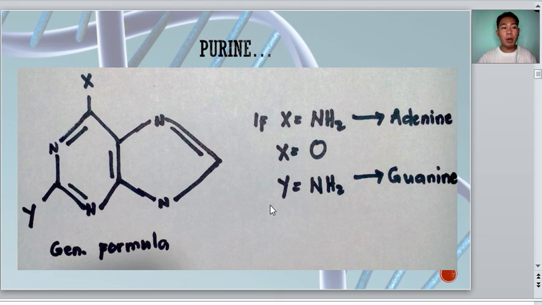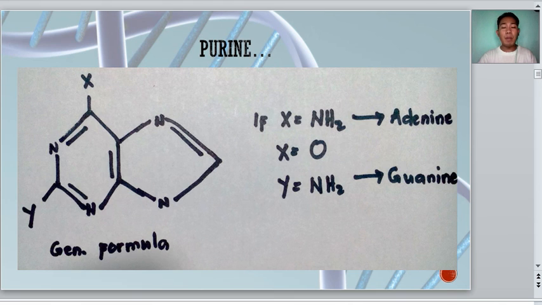For us to remember which nitrogenous bases belong to a pyrimidine or to a purine, for purine, it's adenine and guanine. So we use the term PUAG: purine, adenine, guanine.